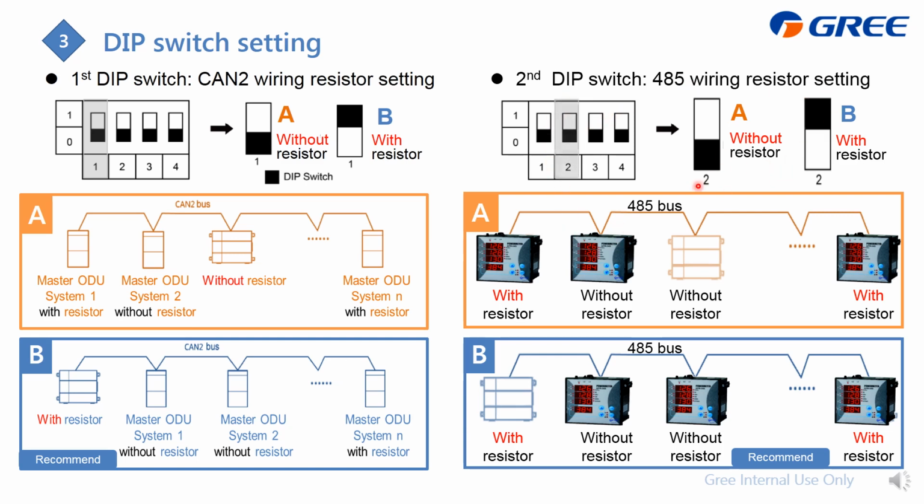Similar to the first, we have the A and B cases. A is in the middle, no need to activate the built-in resistor, and B is at the tail or head. So we recommend the B situation. With this one, you need to activate the built-in resistor to ensure the communication.